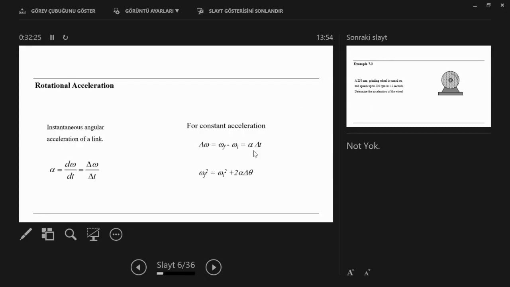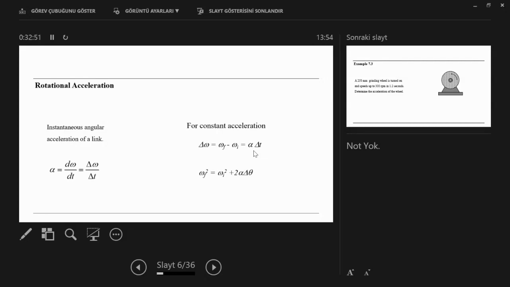Rotational acceleration. If things are rotating like this, let's say counterclockwise, this is theta, and it moves in that direction.